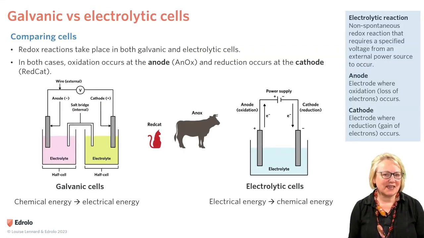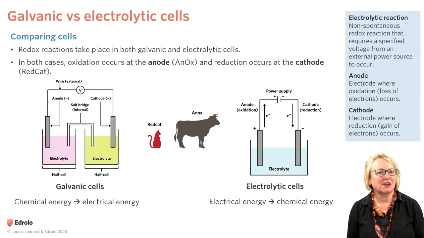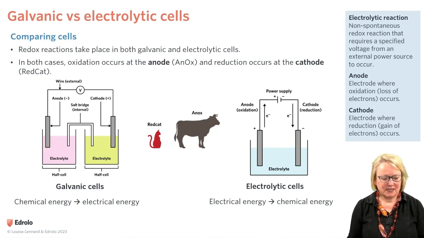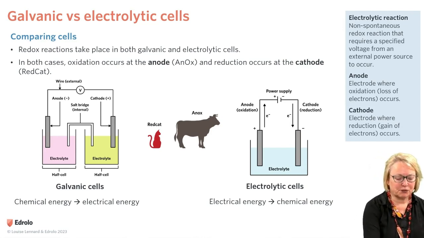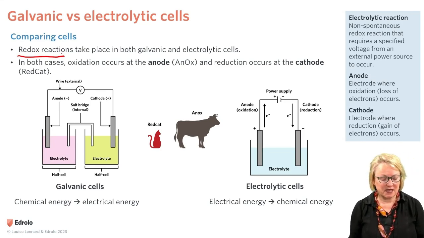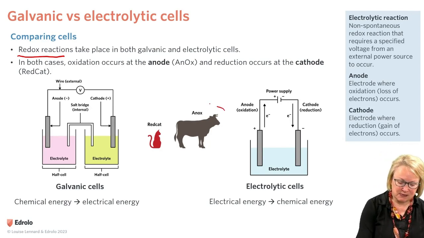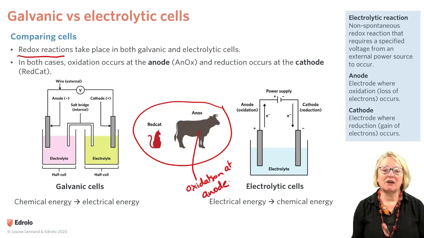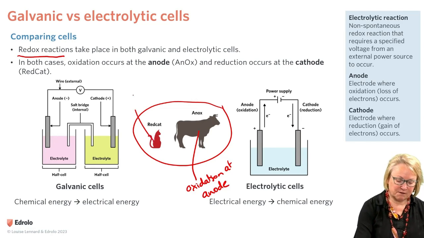Okay, so let's recap what we've already learnt when we studied galvanic cells. Galvanic and electrolytic cells have similarities but key differences. So one thing that's true is that we have redox reactions taking place in both galvanic cells and electrolytic cells. In both cases, we have oxidation at the anode, represented by our ox here, and we have reduction at the cathode.